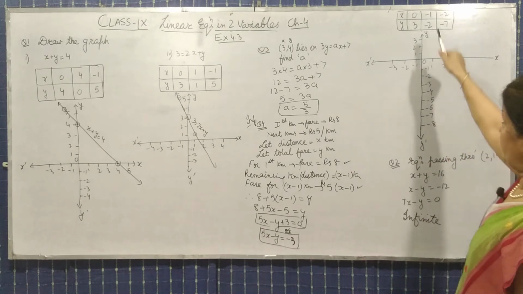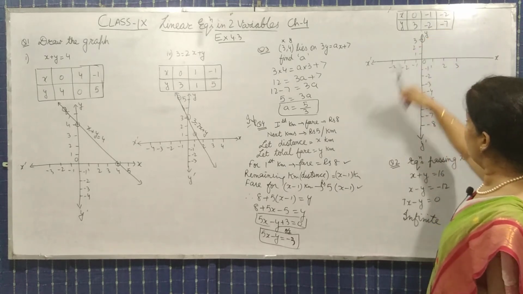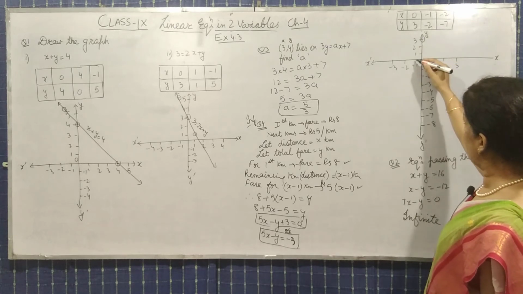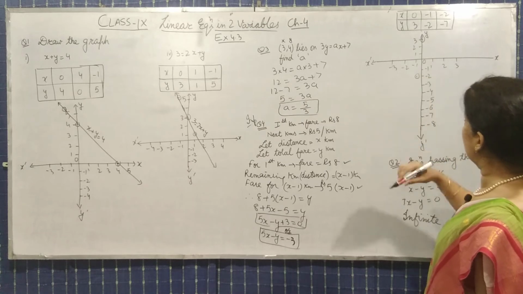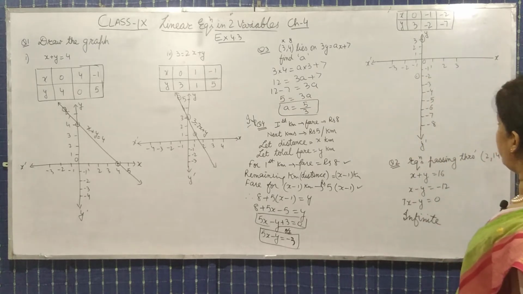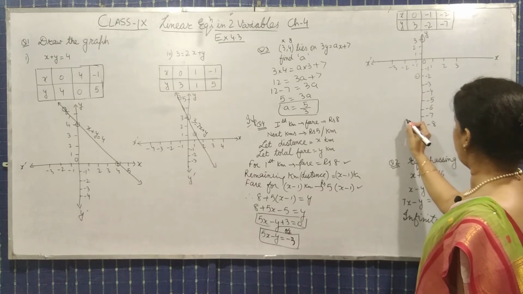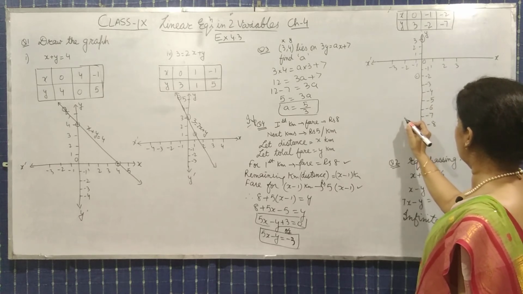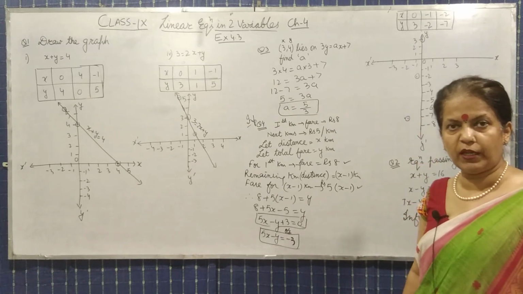Now plot the values. 0, 3. This is the first value. Minus 1 and minus 2. You will get this. Then minus 2 and minus 7, somewhere here. You will get it in this way. What should be the next step?